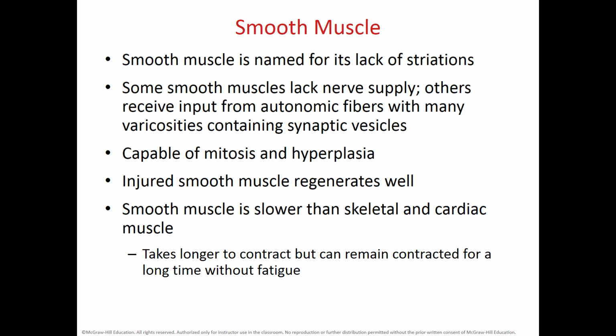So this smooth muscle fiber is capable of repairing its injury through mitosis and hyperplasia, so they can increase in cell number. This is the meaning of hyperplasia. And then when you have an injury to a smooth muscle cell, they regenerate really well, they heal really well.